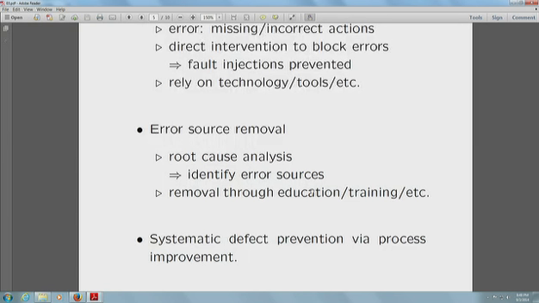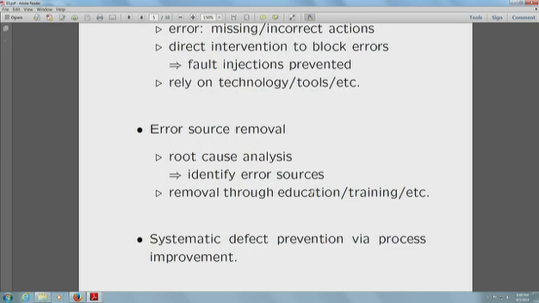QIP, which we will spend some time on later on, the quality improvement paradigm. QIP was initially proposed by Vic Basili also, who was working at the time with NASA and with some other industry partners, doing research at the University of Maryland, and came up with the so-called quality improvement paradigm.